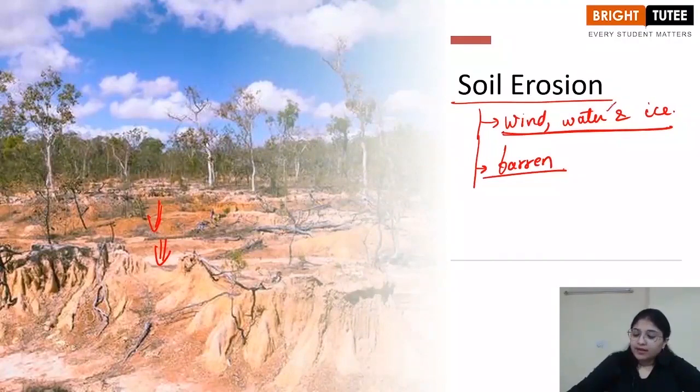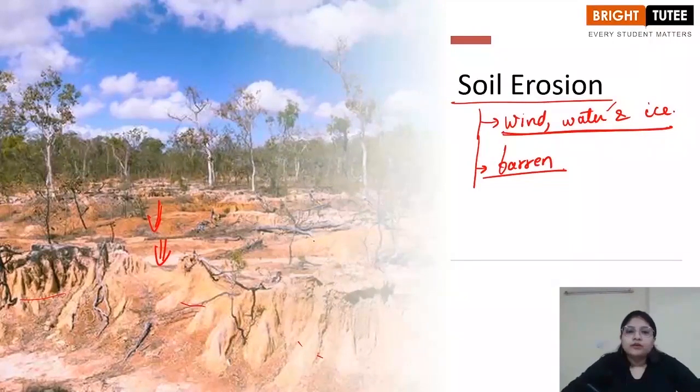Water is one of the major erodents. It causes a lot of erosion because it takes away a lot of soil with it. As you can see, this whole pattern is made because of the water that might have flowed in this region. The whole area has been eroded. The topsoil is eroded, causing the land to become infertile and thus barren, right?